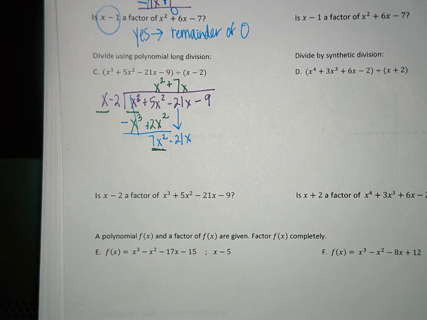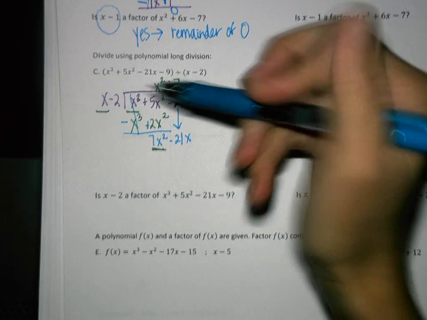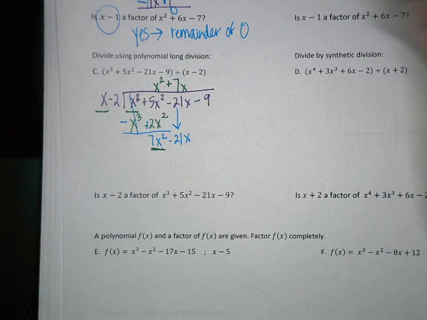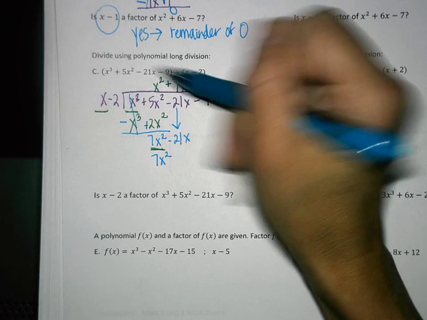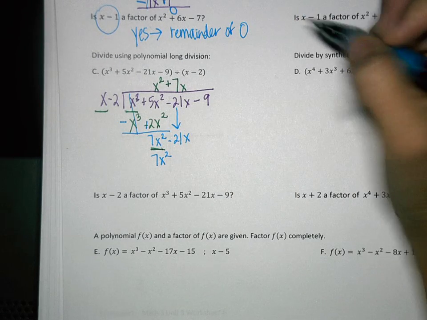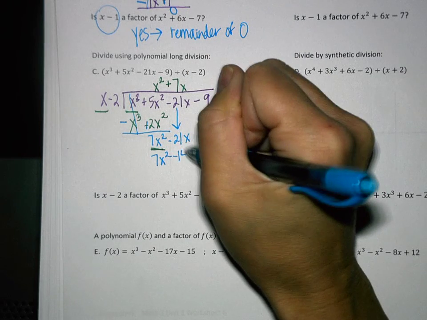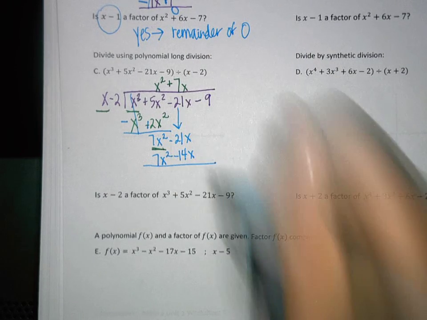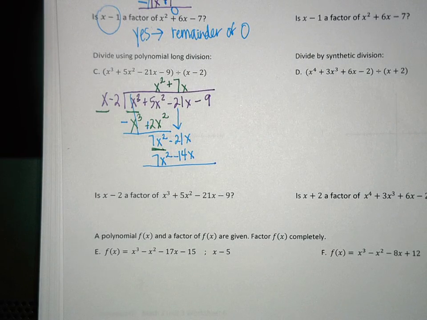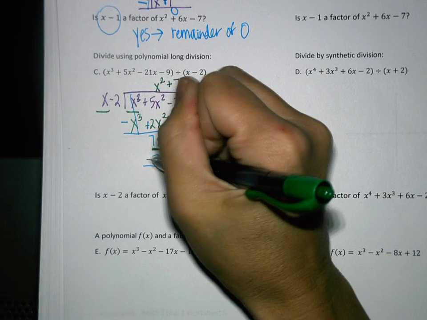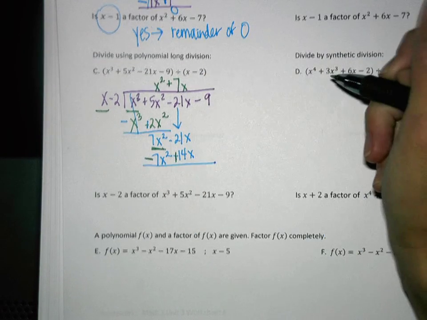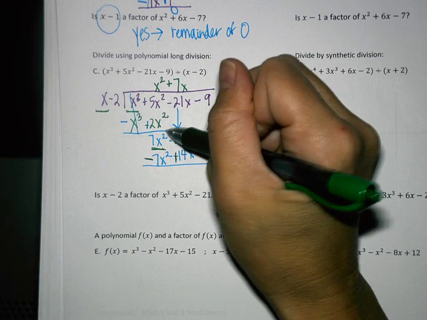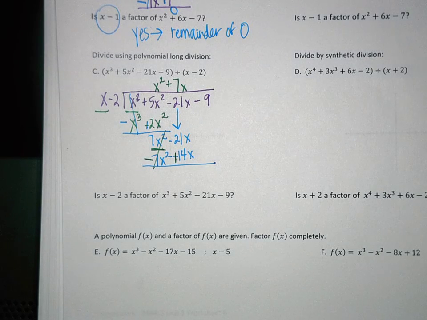And what do I do next? Multiply. So 7x times x is 7x squared. And 7x times negative 2 is negative 14x. And what do I do now? Change our signs. So this becomes a minus, and this one becomes a plus. 7x squareds cancel, and what am I left with?